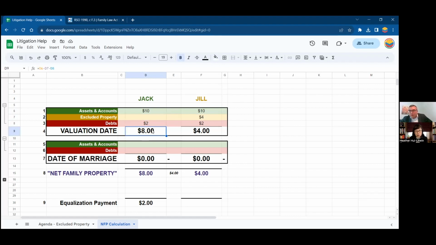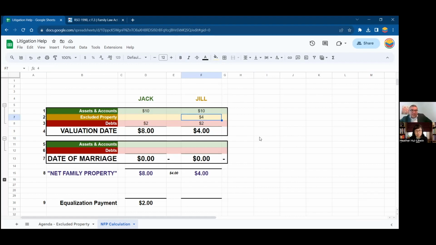But net worth is not exactly what we're looking for here, because there's another line item called excluded property. And Jill happens to have 4 of excluded property. To say it a different way, of Jill's $10, 4 of it is excluded.